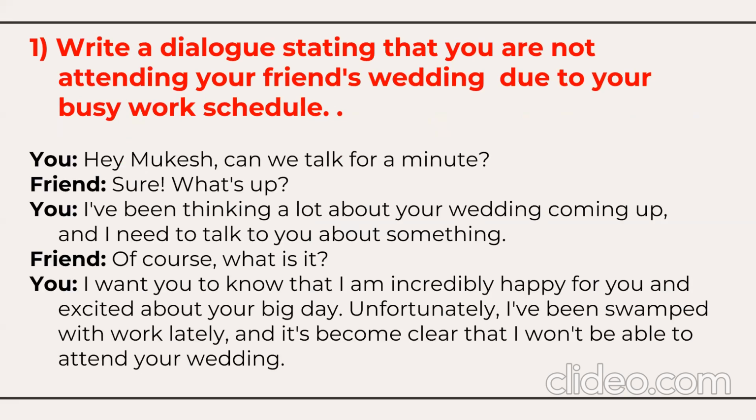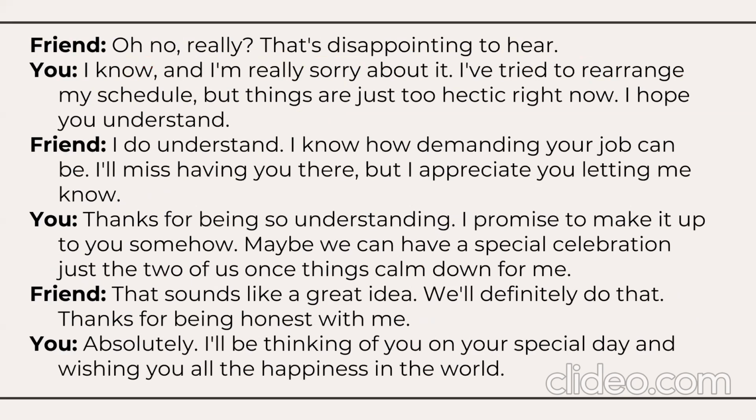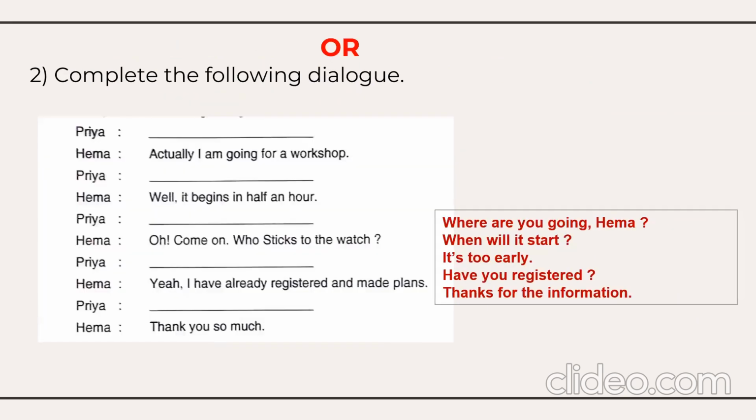You have a dialogue on your screen, you can read it, but when you're writing a dialogue, keep in mind, let it be informal, use punctuation properly, use question tags. That's going to help you a lot. You can pause the video and read the dialogue. Or if you do not want to construct a dialogue, you can complete the given dialogue. That's also going to help you a lot. So that's for 5 marks.